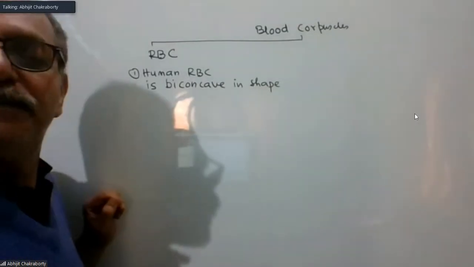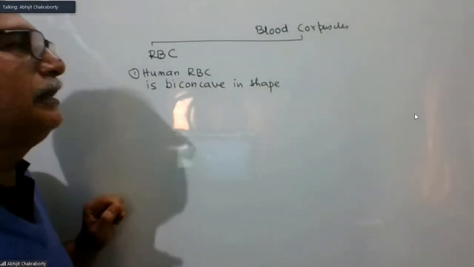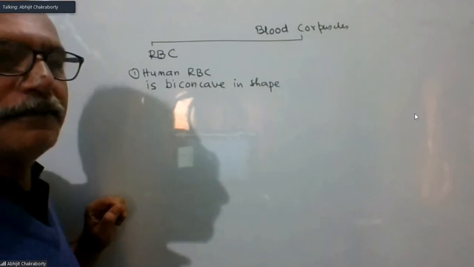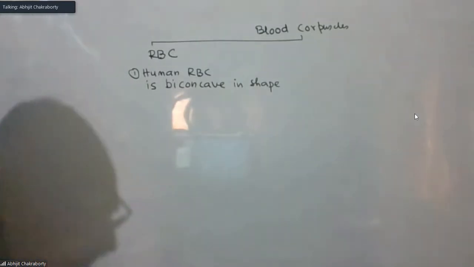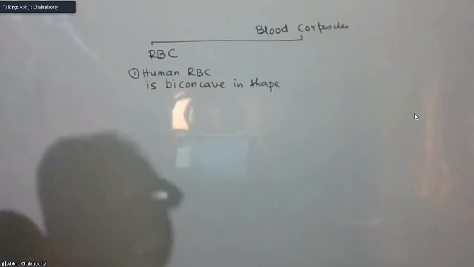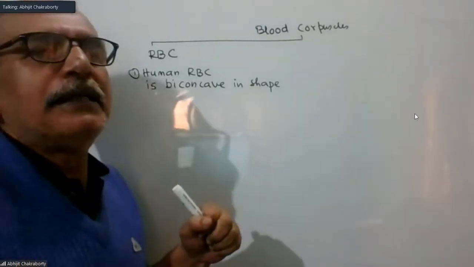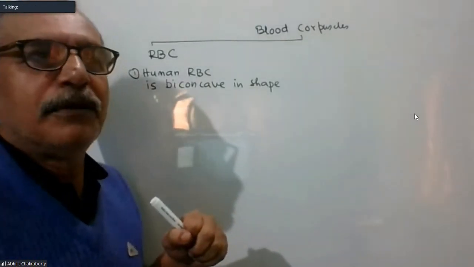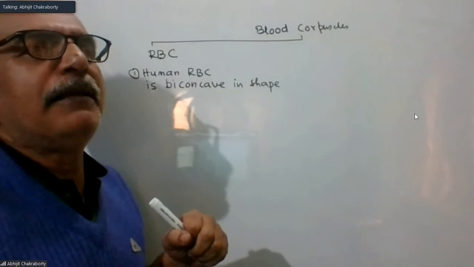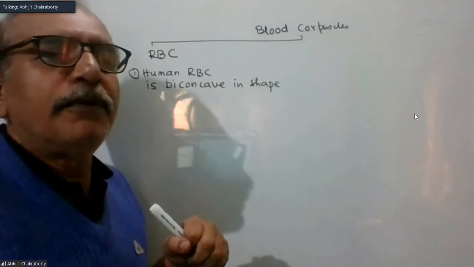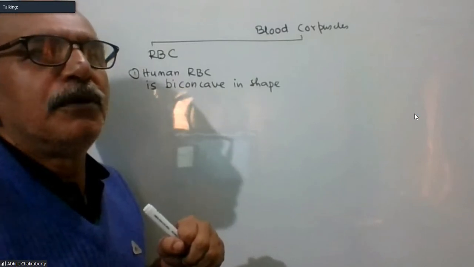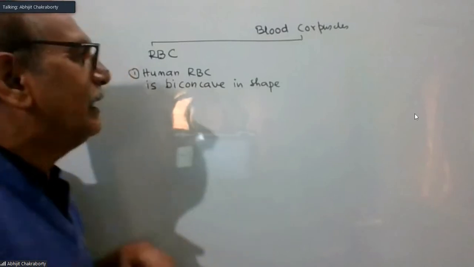Human RBC is biconcave in shape. So what is the purpose of this biconcave shape? As it is biconcave in shape, its surface area is more, so that it may carry more amount of oxygen.